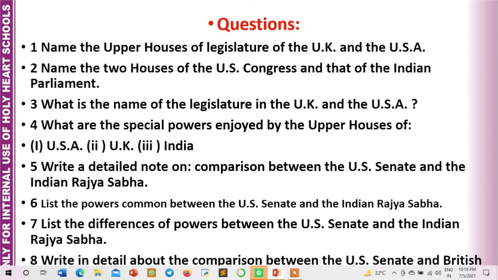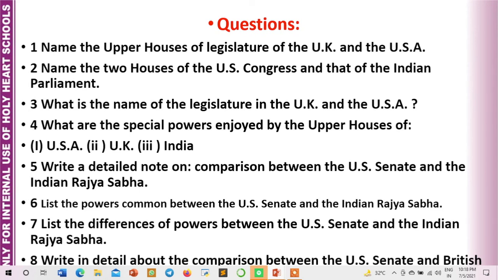Next is: write in detail about the comparison between the US Senate and the British House of Lords. Here we are to compare the US Senate with the British House of Lords. Again the same way as we compared the Indian Rajya Sabha and the US Senate, in the same way you will compare the US Senate and the British House of Lords.